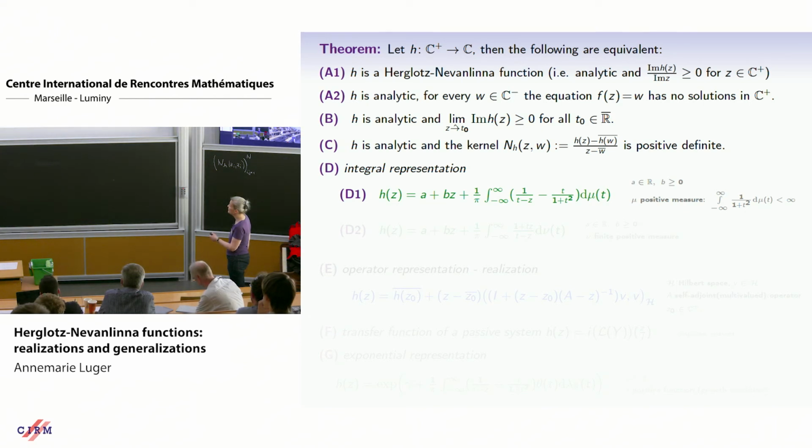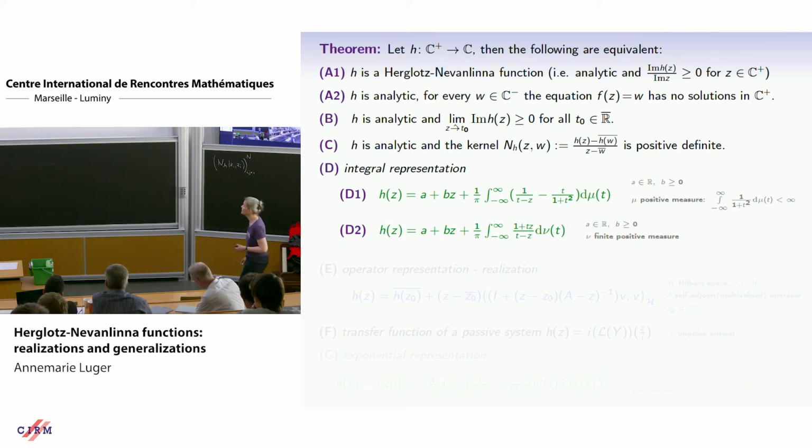And if we then put together this mu with this new factor, we get this representation. So this is only this one here rewritten, and here I've collected the factor and the measure. So the new measure is now a finite positive measure, because this condition here is satisfied exactly when the integral over this new measure is finite. So there's nothing happening, but it will be important for the generalization to write it in this second way. Okay.